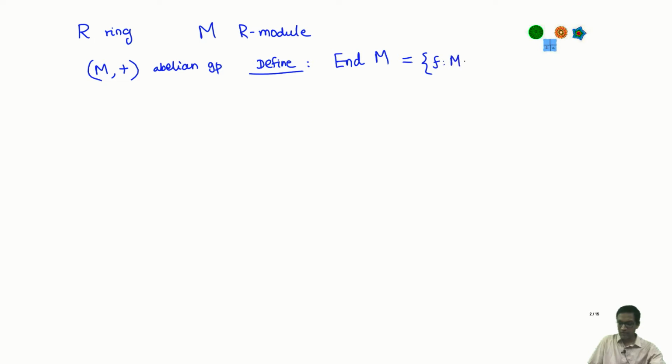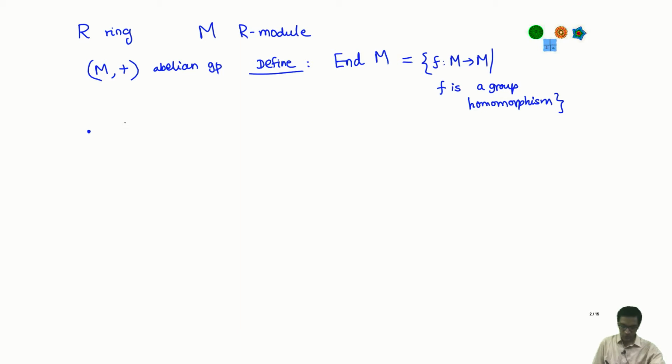So it's all f from M to M such that f is a group homomorphism. Given an abelian group, I can look at the set of all homomorphisms from the group to itself. Now the key observation is that this set End(M) actually has some additional structure.